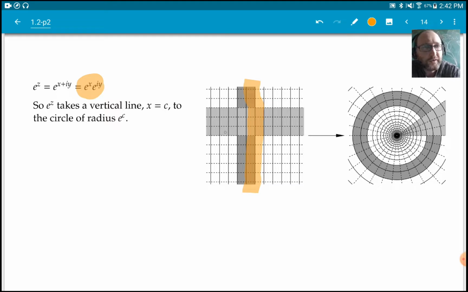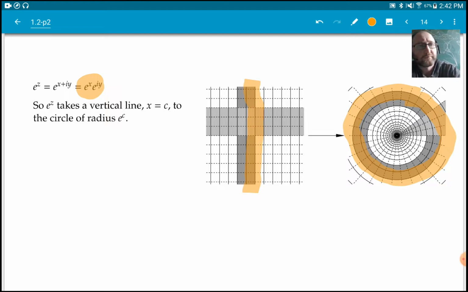So that line goes to a circle. And it actually goes around that circle infinitely many times as y goes from minus infinity to infinity, because the exponential is an infinite-to-1 mapping. It basically takes that line and wraps it around the circle infinitely many times.